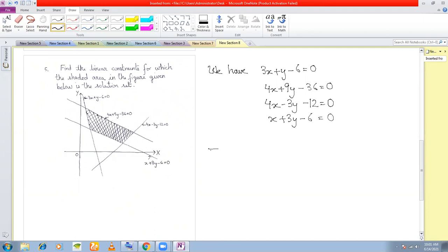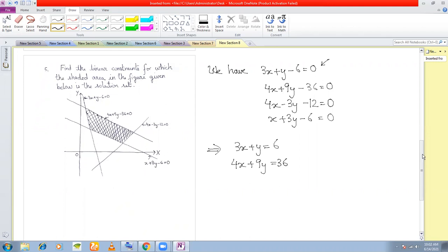Now, the first thing is that this entire set you will have to rewrite such that the right hand side is positive. So you can write this equation as 3x plus y is equal to 6. We have made the right hand side positive. 4x plus 9y is equal to 36.